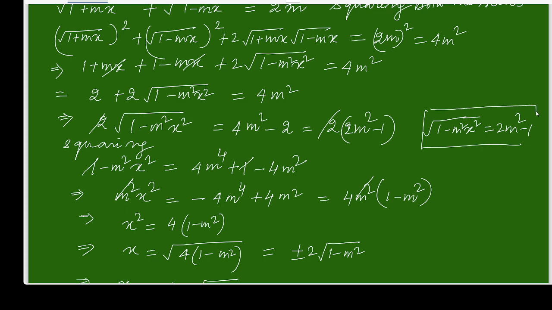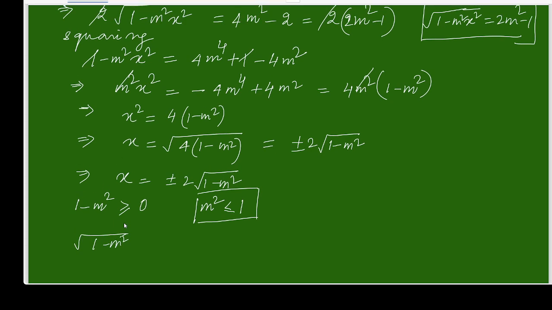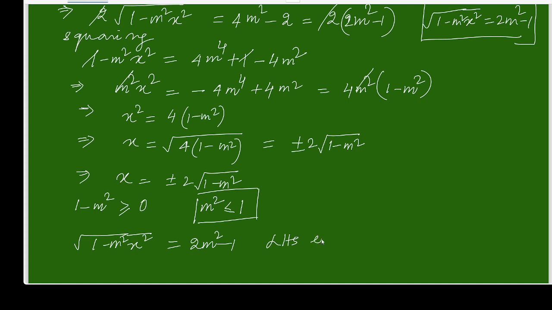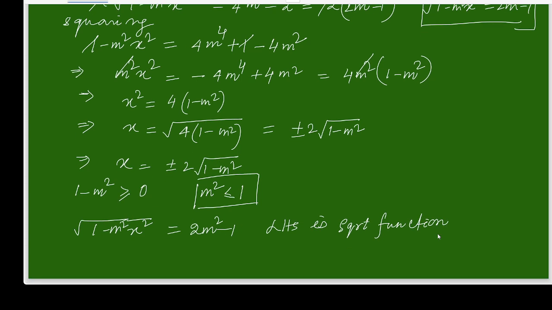Let me write again this expression to define what is it: under root 1 minus m square x square is equal to twice m square minus 1. That means since the left hand side is a square root function, its range is positive.